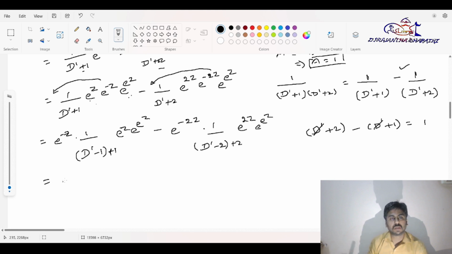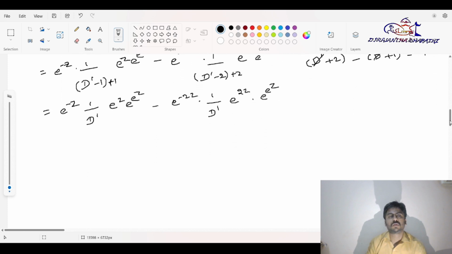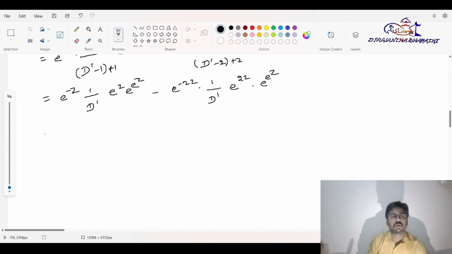Okay, now this will become e power minus z into 1 by d dash of e power z e power z, minus e power minus 2z into 1 by d dash of e power 2z into e power z. Now e power minus z into what is 1 by d dash?